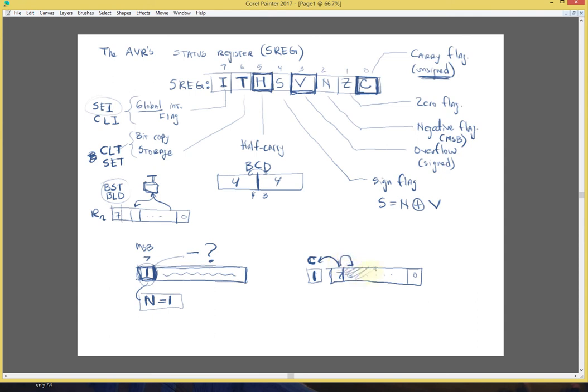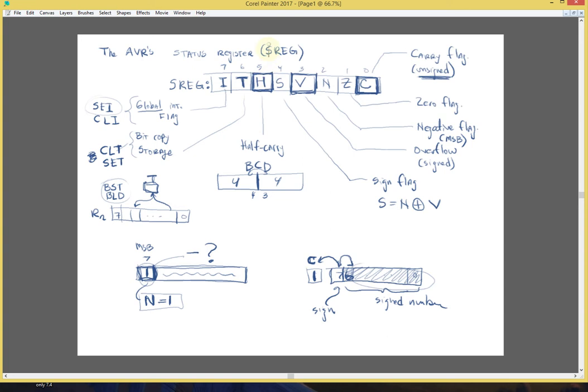Okay, because this number is the sign number. When we do signed interpretation, this is our sign number, and the most significant bit is used as the sign. So whenever these numbers overflow, that means we have a carry from bit 6 to 7, not a carry from 7 to the carry flag, from bit 6 to 7, then we have an overflow. All right, and that's how the overflow gets set.